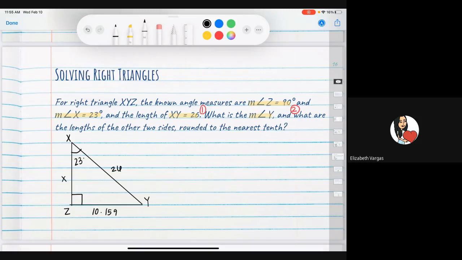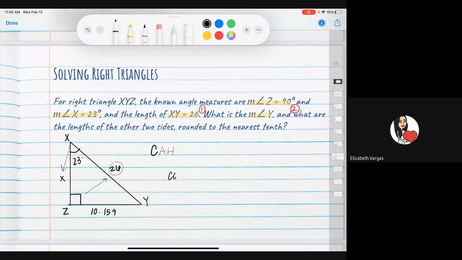What we can see is we have here an adjacent side, so we have an A. And we still have our hypotenuse, which is opposite our right angle, so we have an H. And what does this remind you of? What should remind you of CAH? So cos 23 equals x over 26. Again, you want to isolate the x.